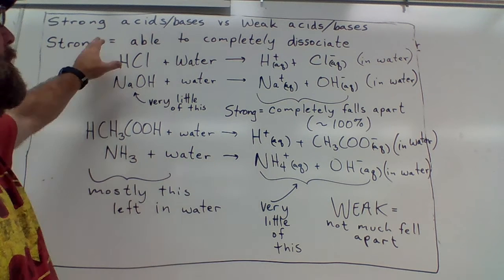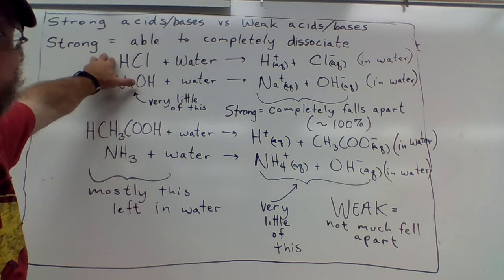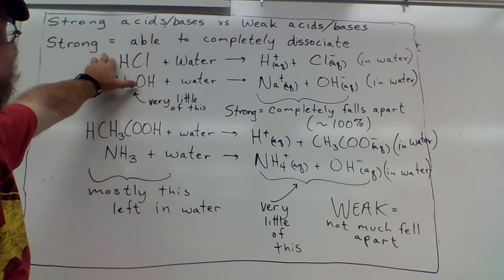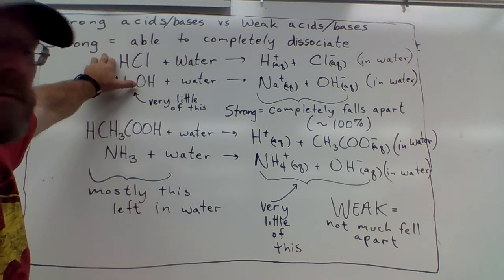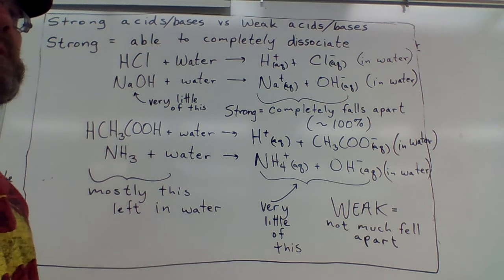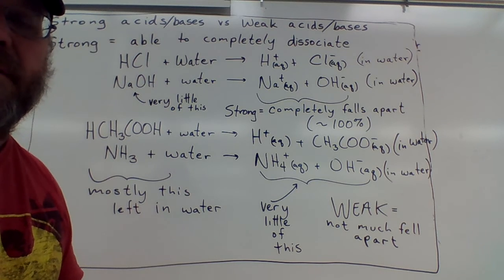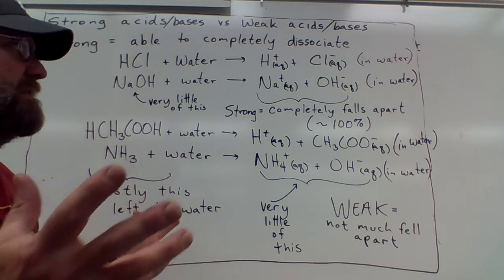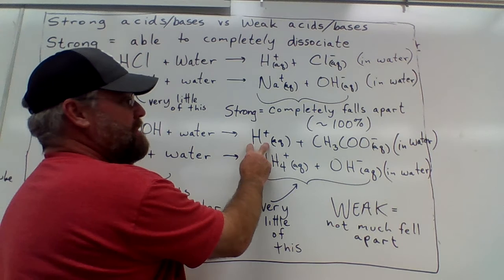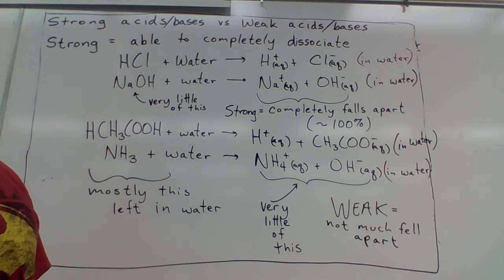So a 1 molar concentration of this would be like a -1 on our pH scale. A 1 molar concentration of this might be something more like a 2 on the pH scale. So it just doesn't fall apart as much to give me those H+ ions.